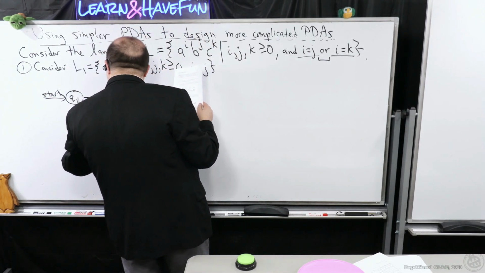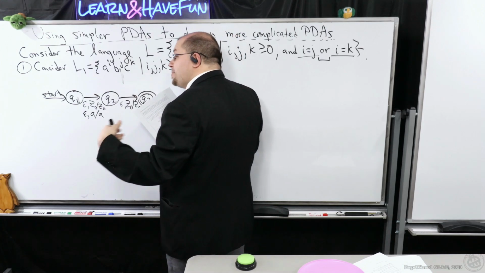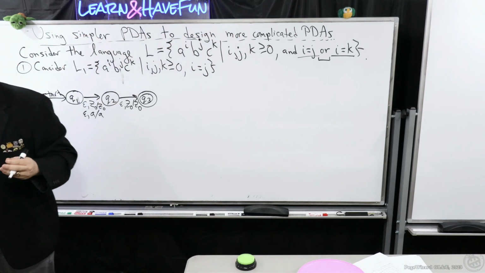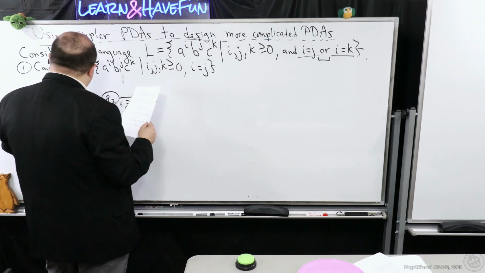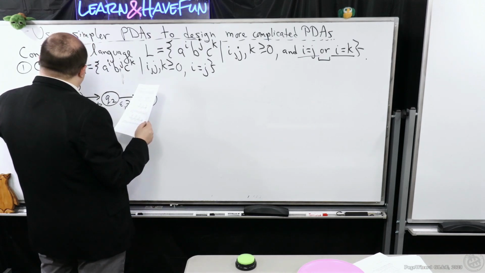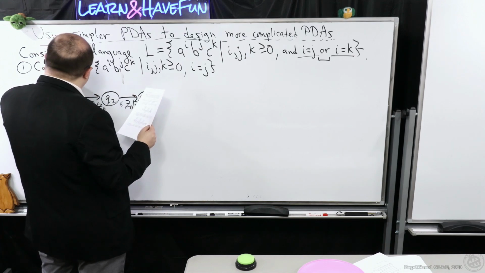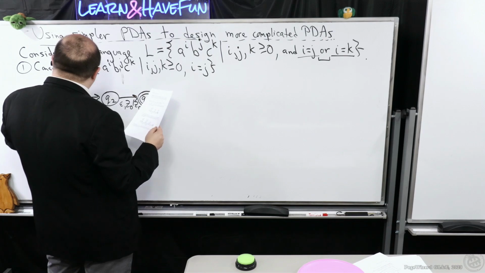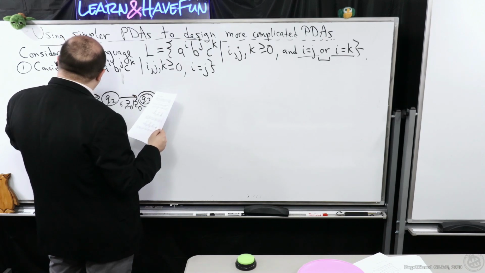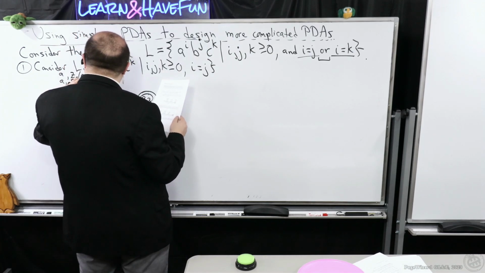But it may be the case that we're going to push a bunch of a's onto the stack for each a, and then we're going to pop the a's on b's. So if we see an a, we're going to push an a onto the stack. If we see an a, of course, if a is on the top of the stack, I want to push another a.